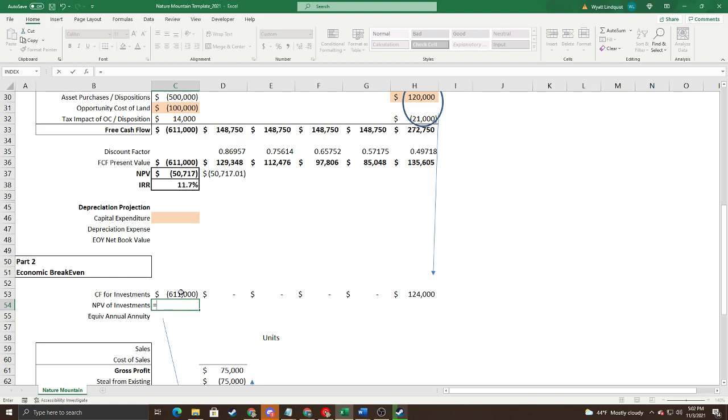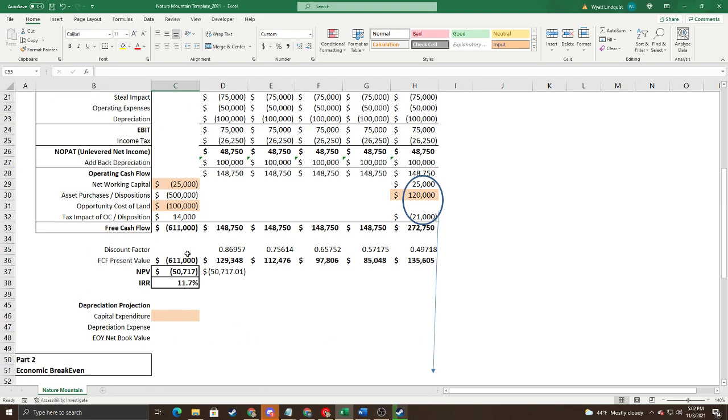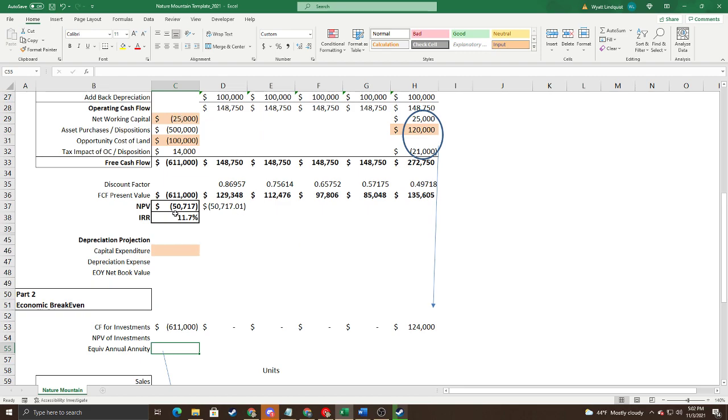all of these numbers. So how we got this was essentially we're getting the investments that we need to make, or the cash flows that we need to make for these investments. And we're doing it by year.